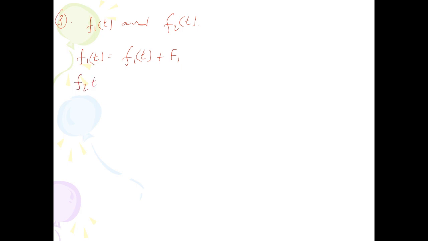Similarly, f2 of t is equal to f2 of t plus F2, this is another DC component. It can be seen that the correlation between the two signals, this is R12 of tau, is equal to F1 into F2. This correlation is due to the DC component and hence the signals are considered to be uncorrelated.